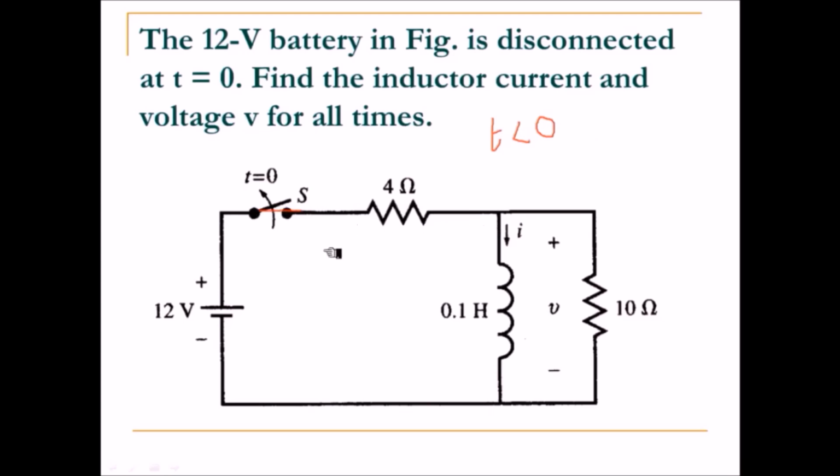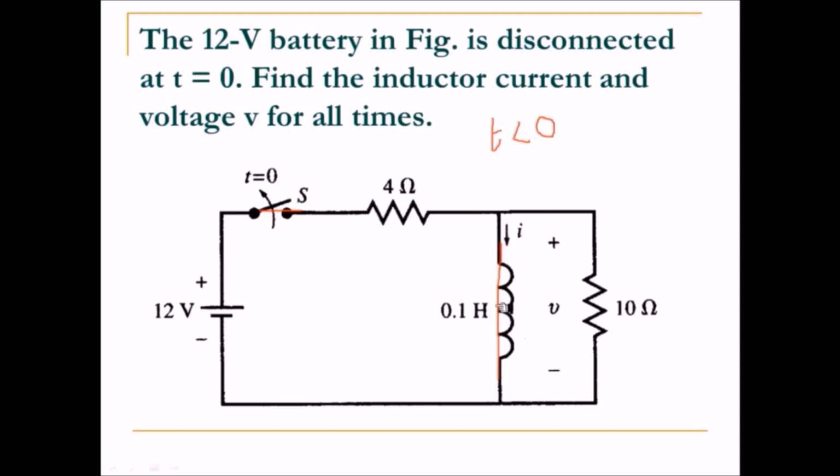When the switch is closed, you are applying 12 volt to the parallel combination of inductor and resistor in series with 4 ohms. As a result, a long time after the application of the voltage, your inductor will act as a short circuit. Am I right? So when t is less than 0, your inductor will act as a short circuit since we are applying DC voltage.